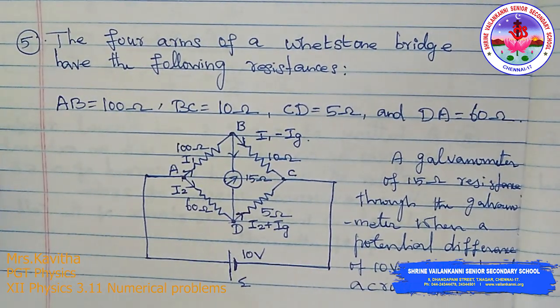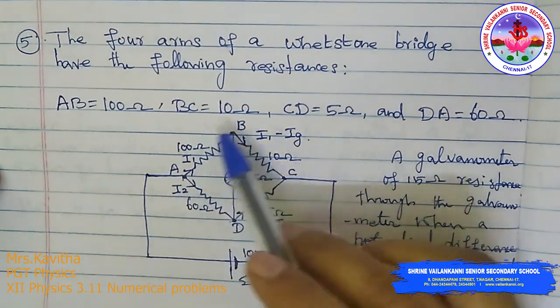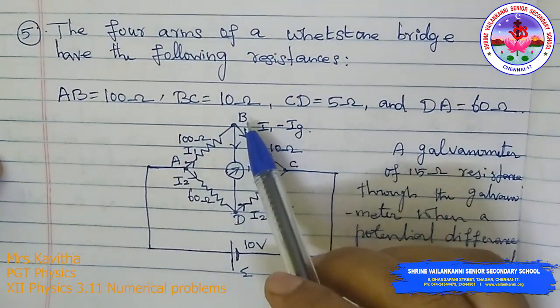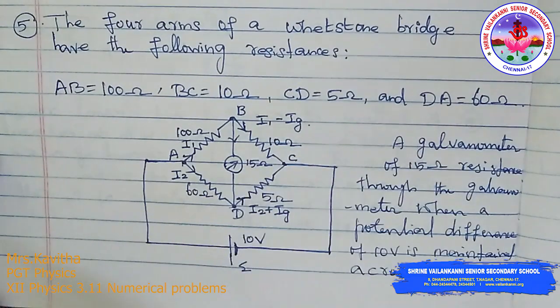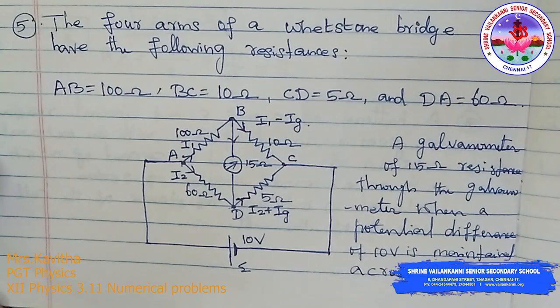Now the same thing, we are going to apply the second law directly in this loop. For example, we can take BADB.